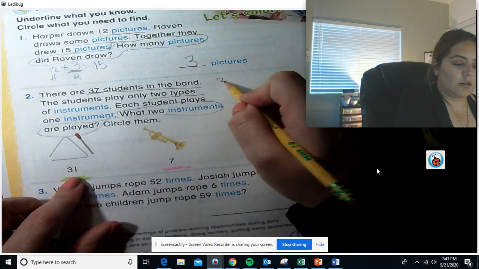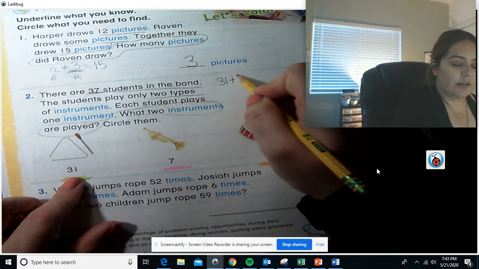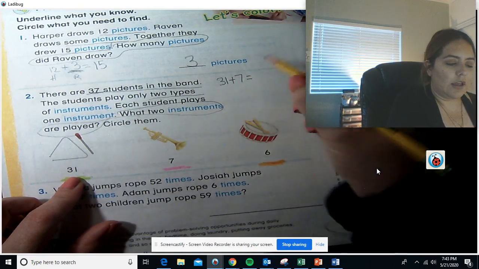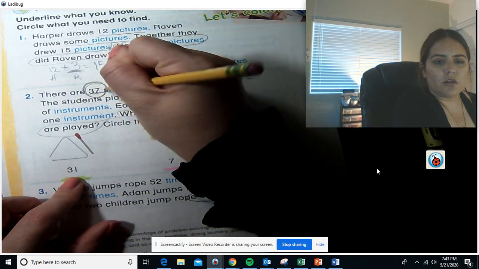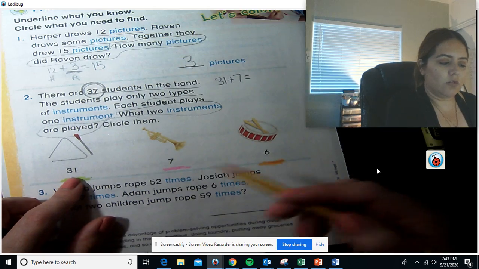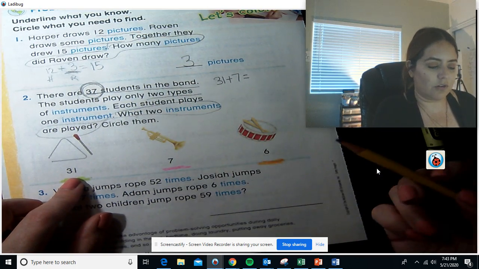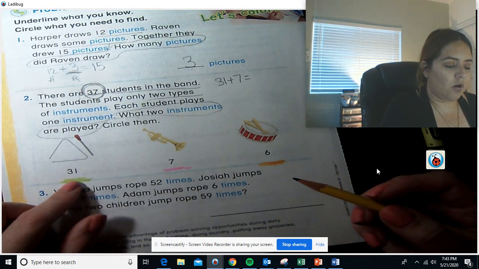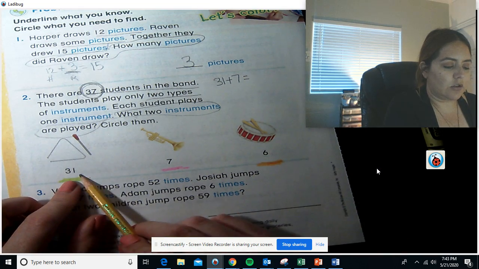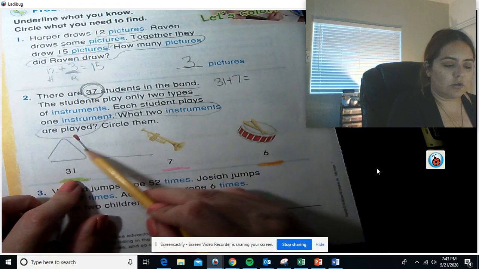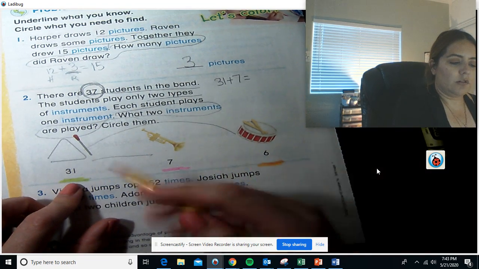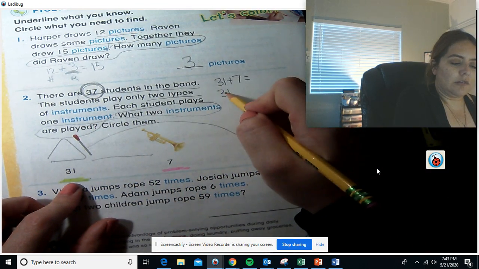So that would be 31 plus 7. And we're looking for them to equal 37. If they don't equal 37, then our answer is not right. Or the triangle and the drum, so it would be 31 plus 6.